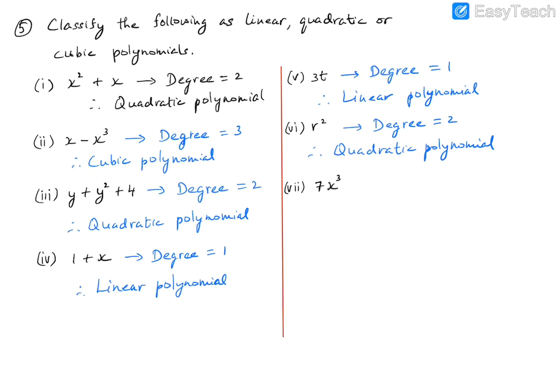And finally, we have 7x power 3, so 7x cubed. The only variable here is x, and the highest power for x is 3. So the highest power gives us the degree of the polynomial. So degree equals 3, and therefore this is a cubic polynomial.